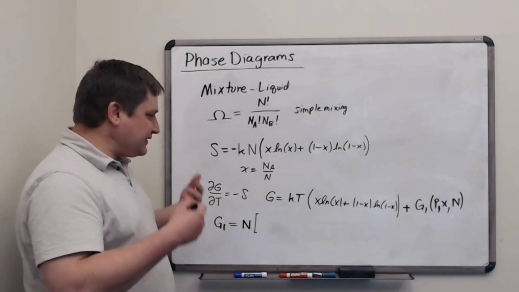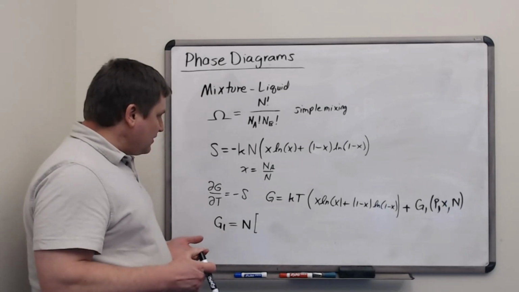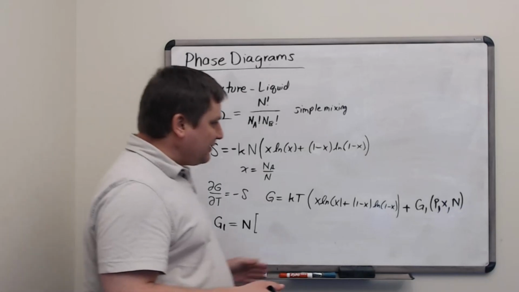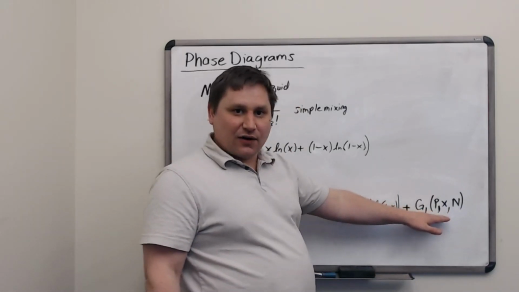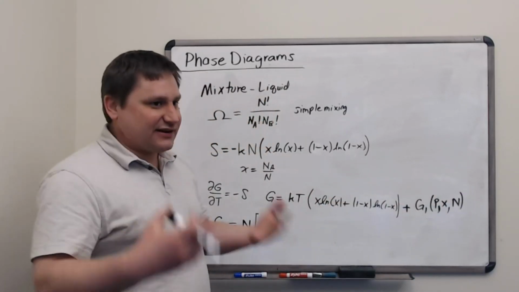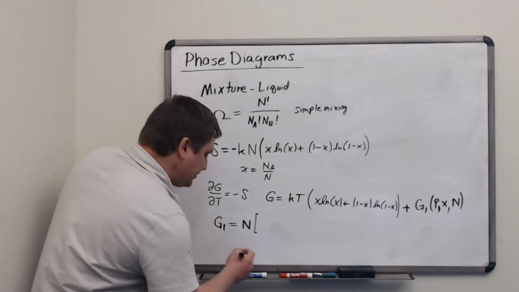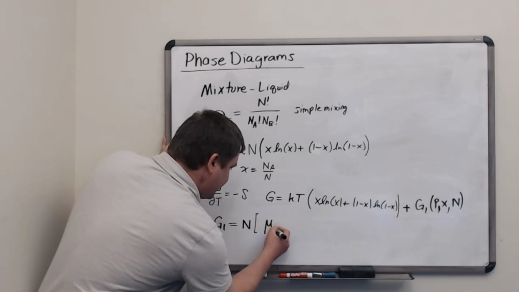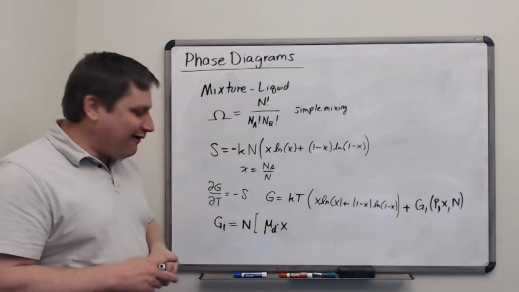Perhaps one molecule just has naturally lower energy to keep it around, a lower chemical potential, so we would represent that by a term that's linear in X. So if it's high concentration of A, it just takes more energy to get that to happen than a high concentration in B. So what we'll do here is we'll represent that by a chemical potential, mu D, times X. So we're just going for qualitative features here.